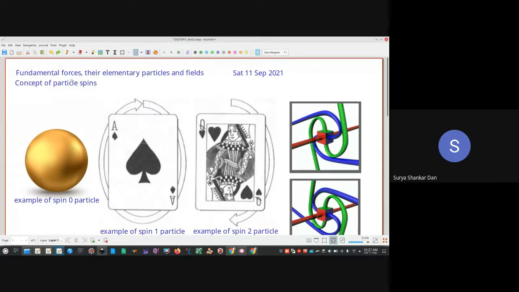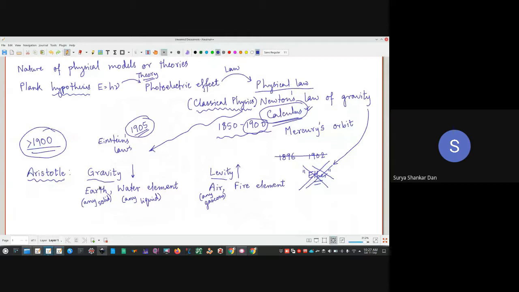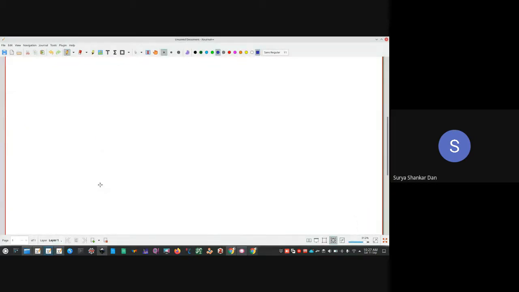For example, in your higher secondary, in your +2, you must have done the experiments, right? You have a magnet somewhere. You have a magnet here. Then you will find there are the lines of force.